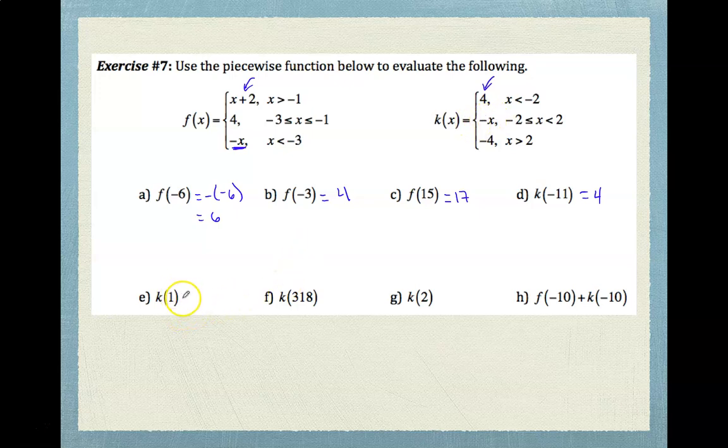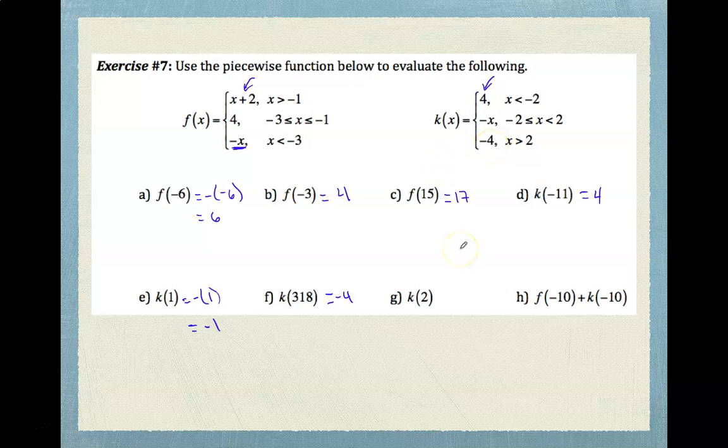So K of 1 is going to be negative, whatever my input is, so that's going to end up equaling -1. 318 is not less than -2, is not in between -2 and +2. It's down here in this bucket. It's greater than 2. So anything greater than 2, including 318, has to equal -4. Because all function values for x greater than 2 are -4.